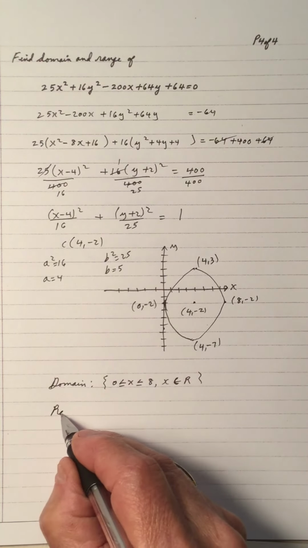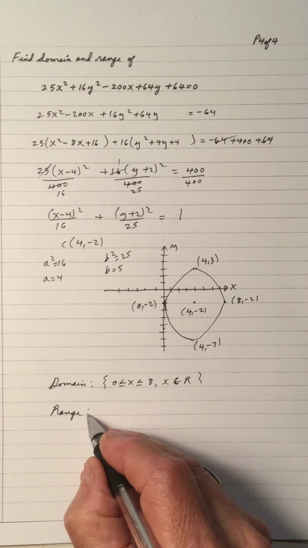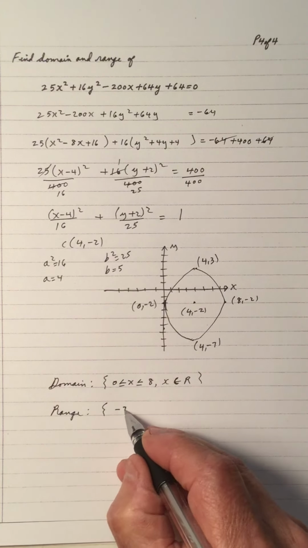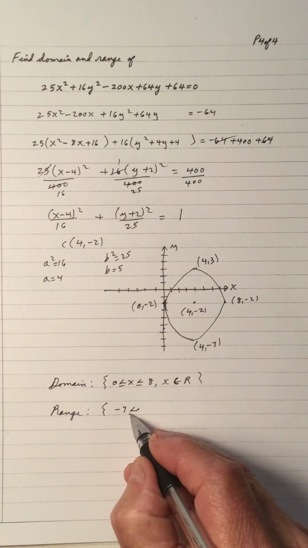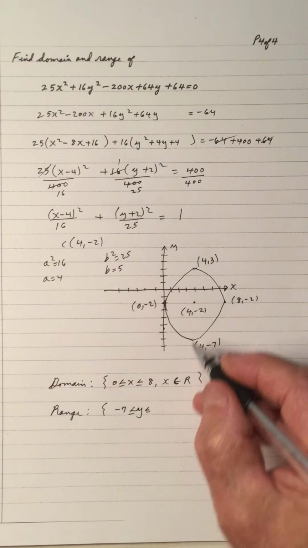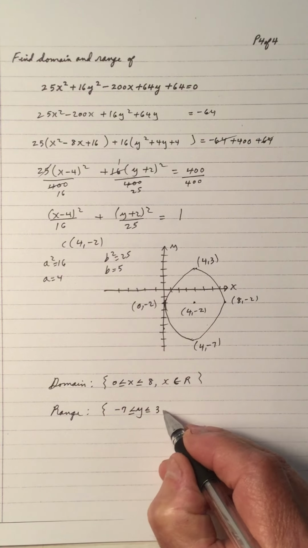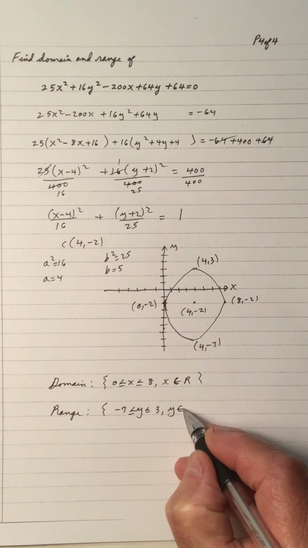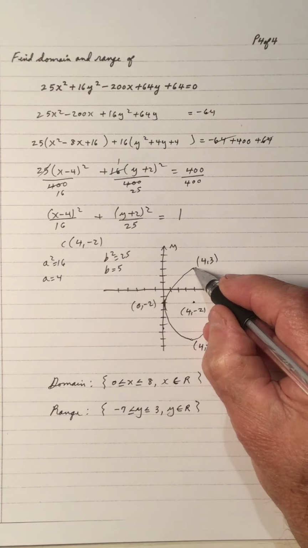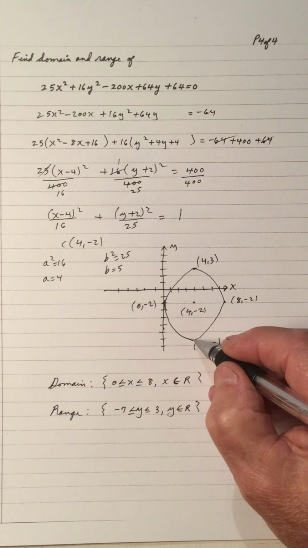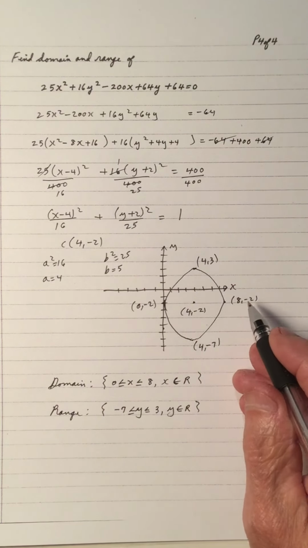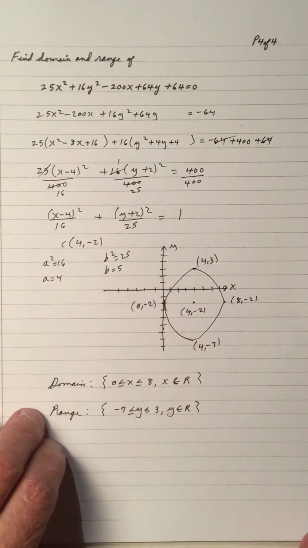And the range is the y values. The lowest is -7, less than or equal to y, less than or equal to 3, where y belongs to the real numbers, because it's all the values of y between -7 and 3 that's in this graph. And that's the domain and range.